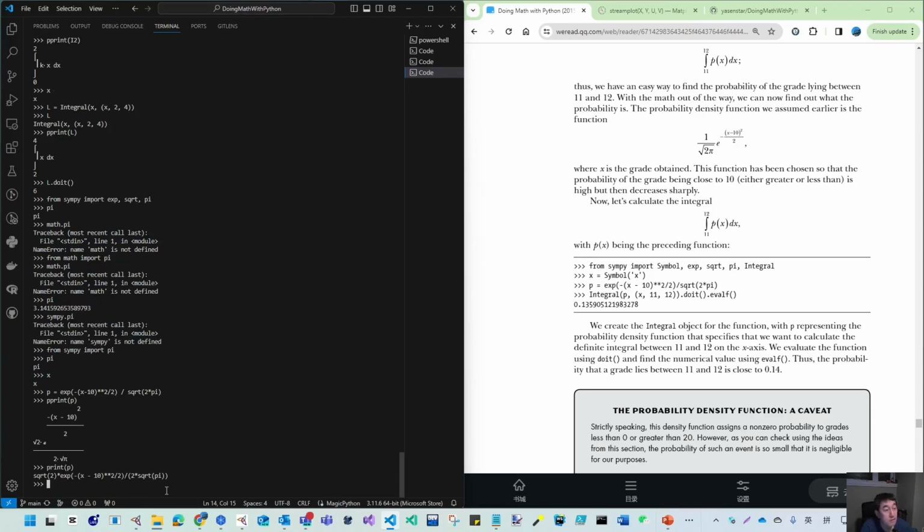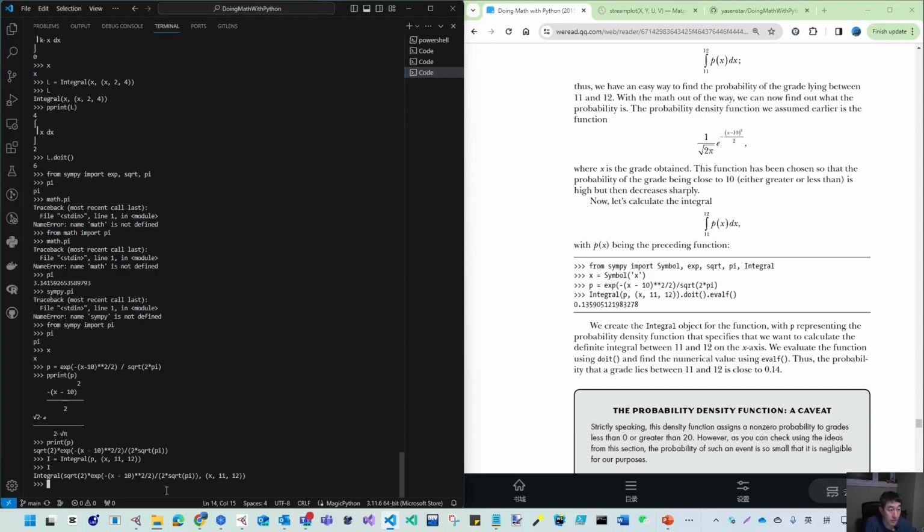So that is the advantage of the pretty print. Then what we will do is go directly to I, the integral with p, with x in the range 11 and 12.